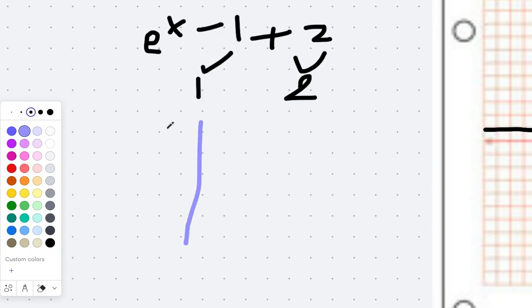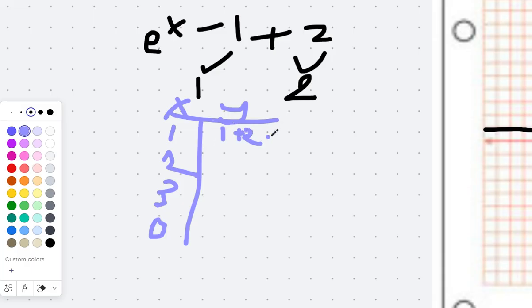So we can make a table real quick. We can do 1, 2, and 3, and also 0. So 1 will be obviously e to the power 0 plus 2, since 1 minus 1 is 0, which will equal 3. 2 minus 1, that's e to the power 1, so about 3 plus 2, about 5.